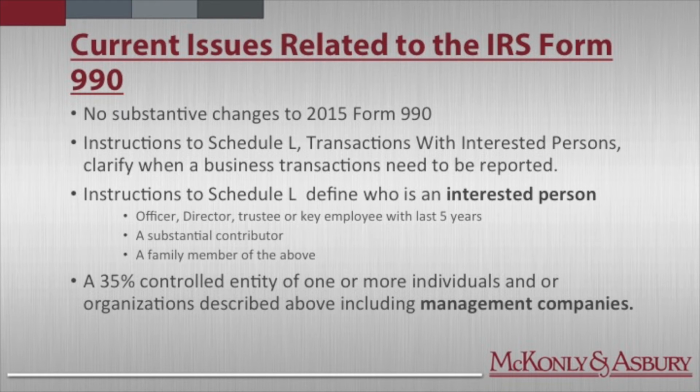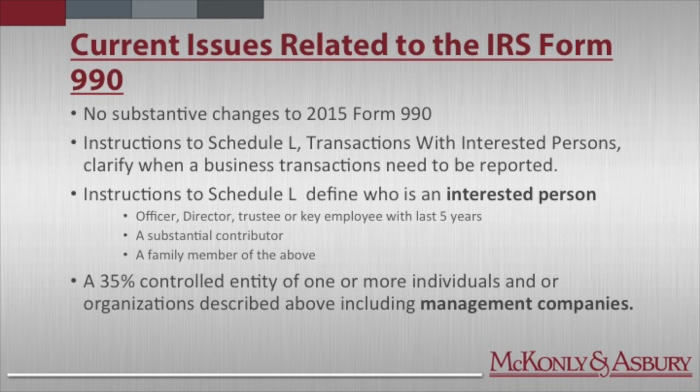Also, a substantial contributor could also be an interested person, kind of interestingly. And if you're required to report the substantial contributor on Schedule B of the 990 schedules, which is generally somebody that contributes over $5,000 to your organization, they would also be considered an interested person.